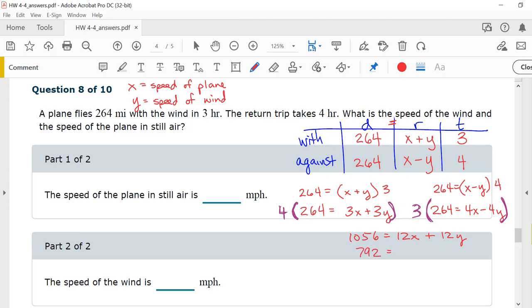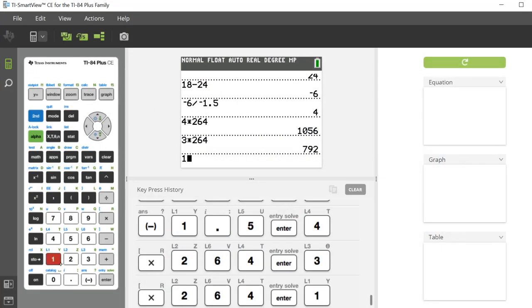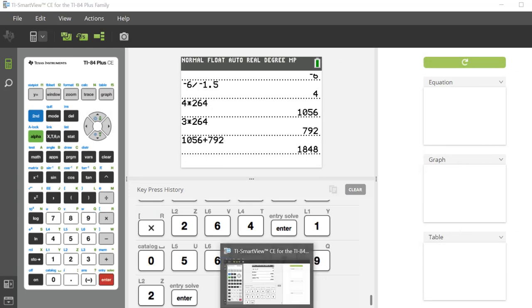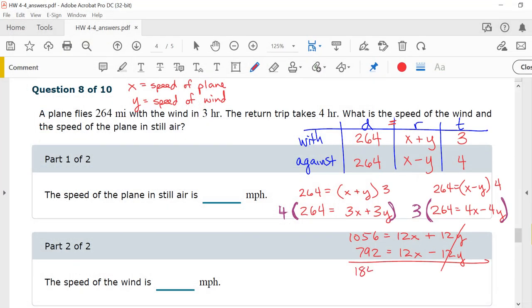That will equal 12x minus 12y. Y's are eliminated. 1056 plus 792 equals 1848. 12x plus 12x is 24x.